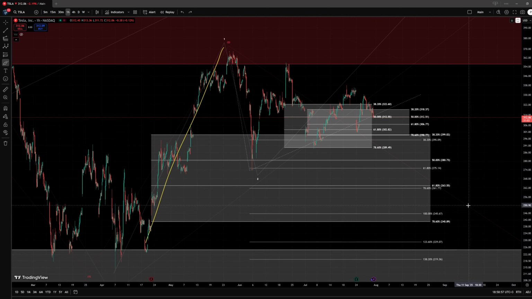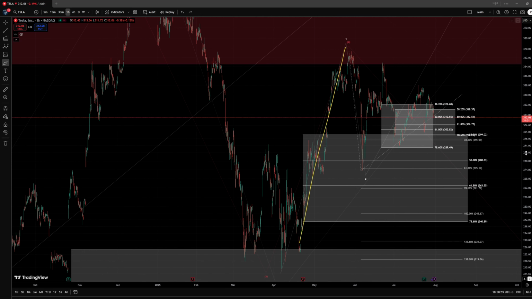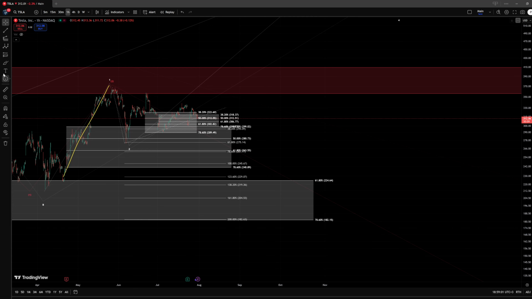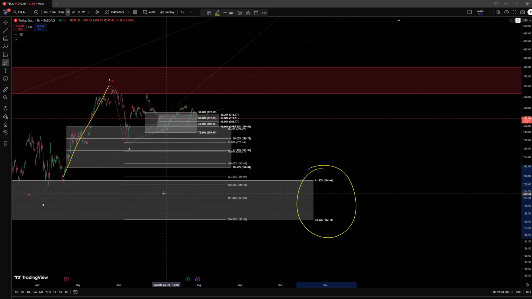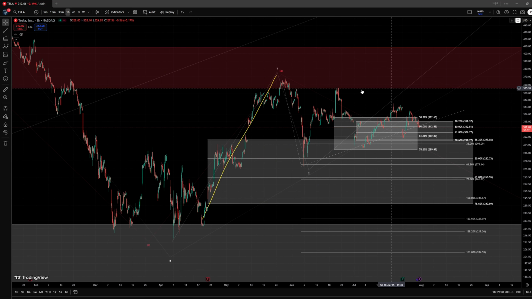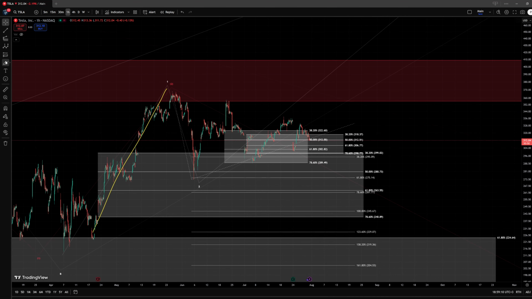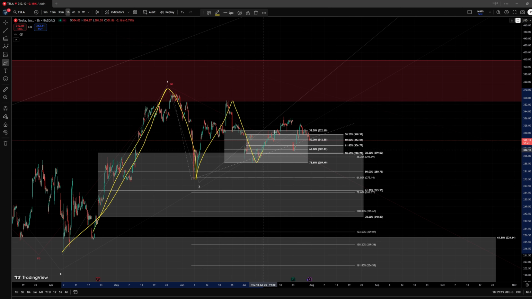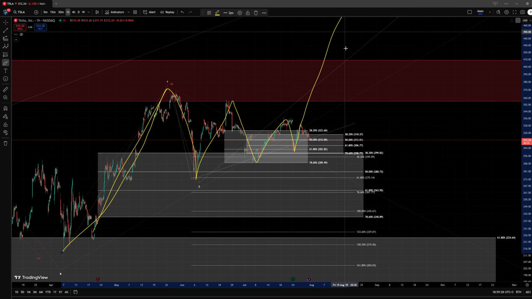We could realistically break the support zone and go to the next support zone that is in white here, that could still prove relevant. But that's one of the ways it could play out, because another possibility would be that this is instead an A wave, and then we have in a B wave triangle A, B, C, D, E, and the triangles break out in the opposite side of where the triangle ends, and that would be to the upside in this case.